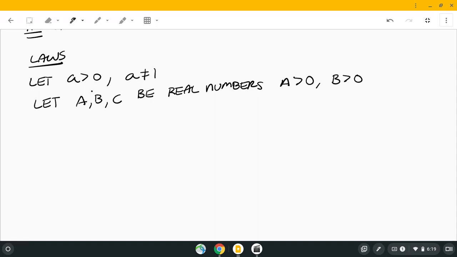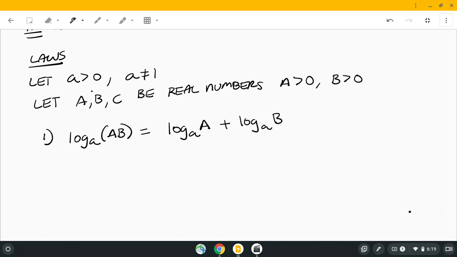This first one: if you're taking the log of a product, then that is the same as taking the log of A plus the log of B. Make sure that you understand that this goes in both directions.